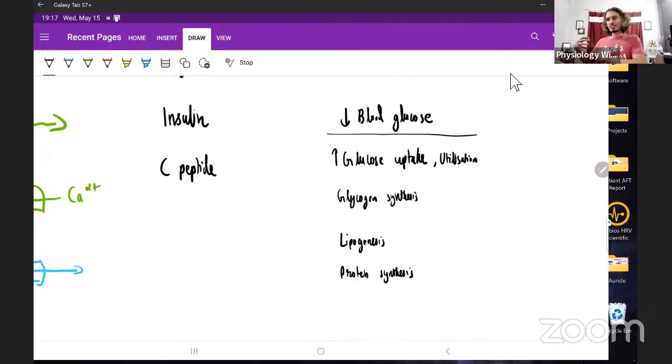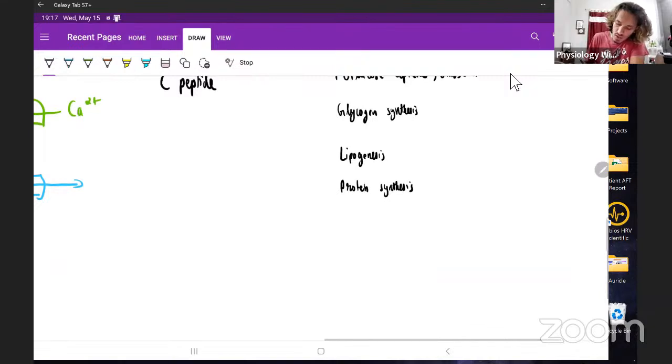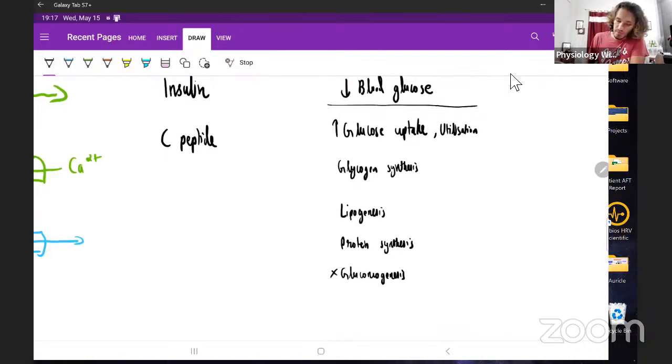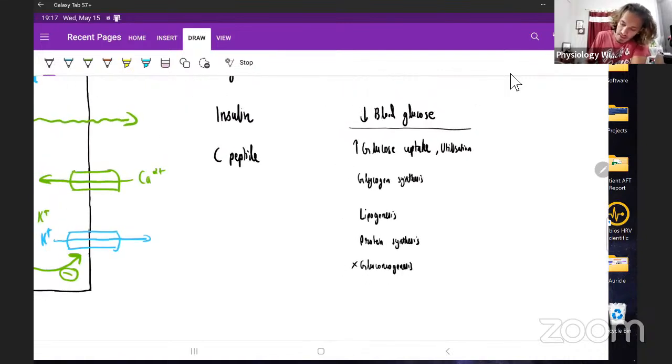So anything that generally increases glucose will be inhibited. One example is gluconeogenesis, which will be inhibited. So these are the various functions of your insulin in a nutshell.